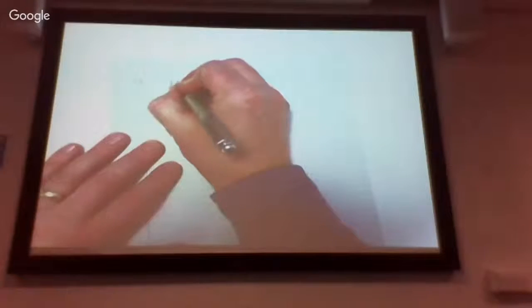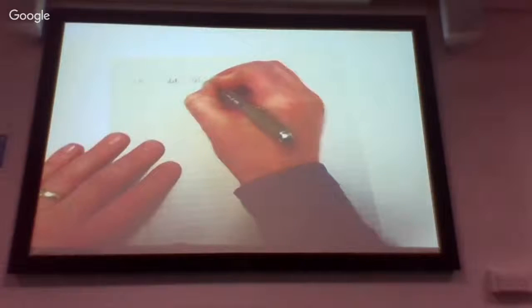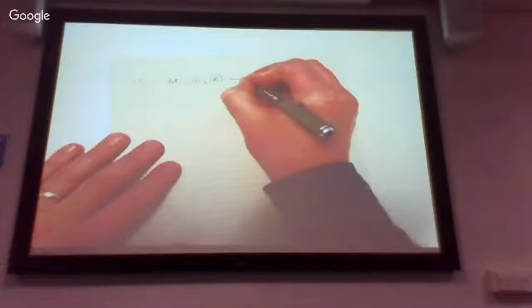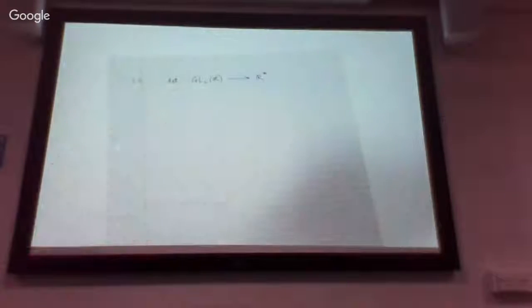So the first of these, do feel free to ask any questions about this. The first of these is kind of a discovery, getting you to meet this interesting result. Here we're looking at this function det, which is the determinant. We're taking this from GL2R to R star.